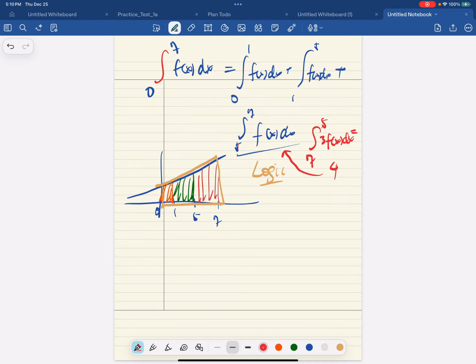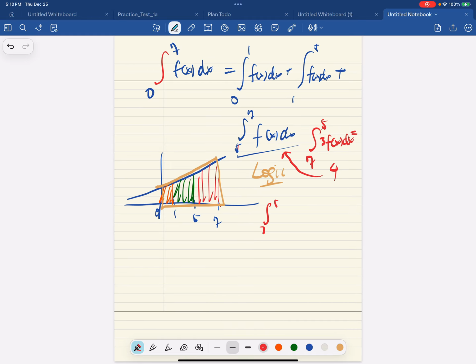So first off, let me just rewrite this. Equals 4. We want to turn this into this blue thing right here. First, do 5 to 7 instead of 7 to 5. And the 4 becomes negative. From here to here versus from here to here, it's just a difference of sign. It turns into a negative instead.